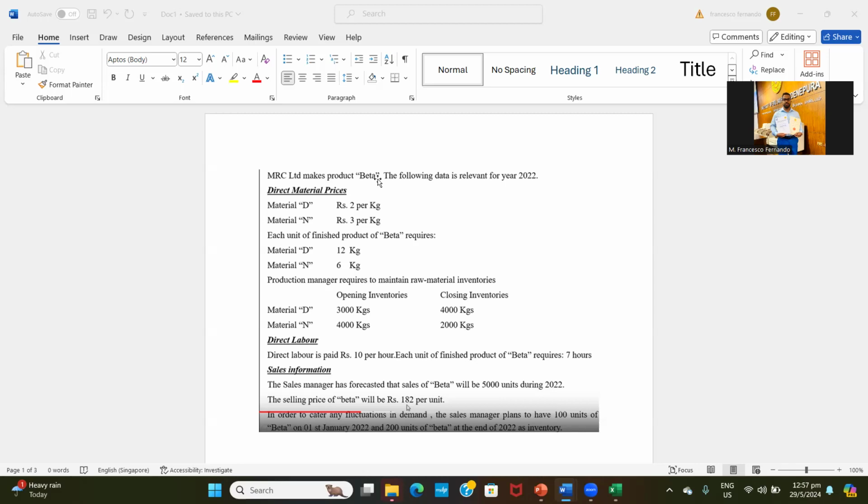Then direct labor is given, sales information also, and selling price, etc. In order to cater to fluctuations in demand, the sales manager plans to have 100 units of beta product on 1st January 2022 and 200 units at the end of 2022 as inventory.